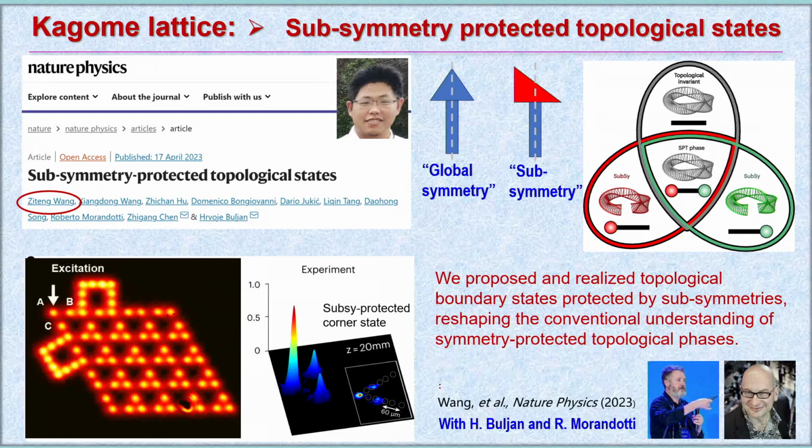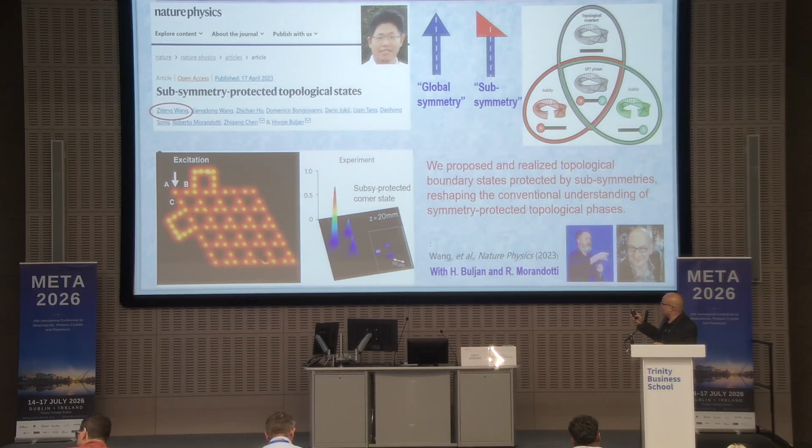But when you break the symmetry, even if you put the bridge far away, light will go to that bridge. So this is proving that we do have this subsymmetry protection.